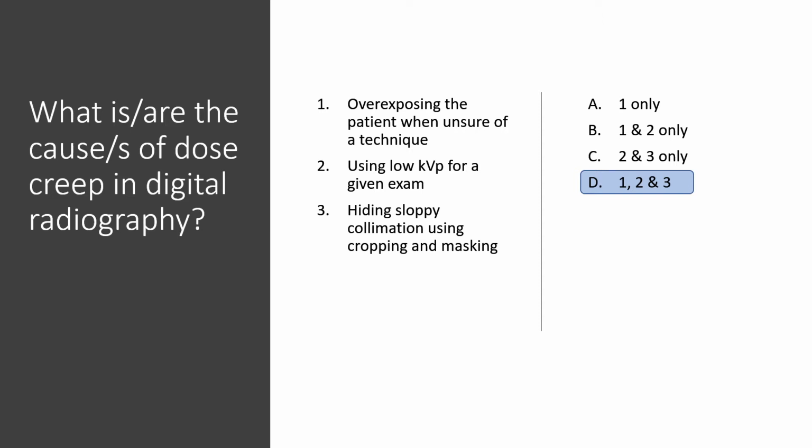Contrast is corrected in image post-processing, and the low kV is no longer a big factor in producing a high contrast image. Finally, collimation errors are less noticeable because of masking and post-processing image manipulation of the radiograph. So all 3 contribute to excess patient dose in the digital environment.